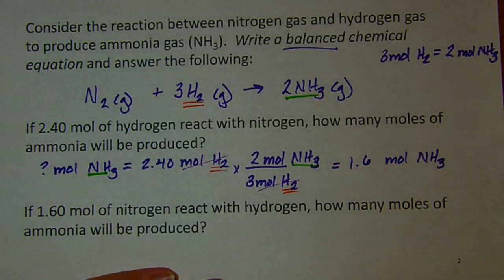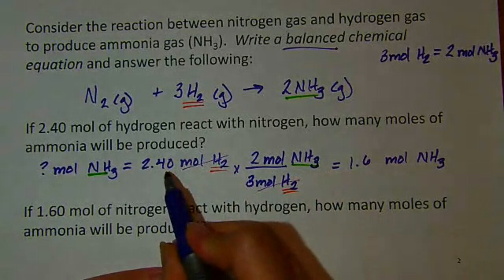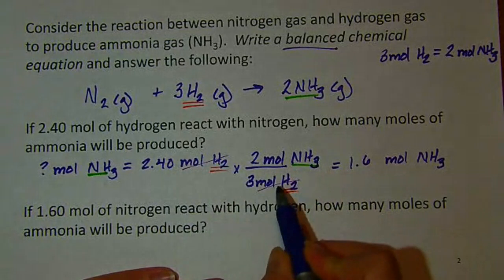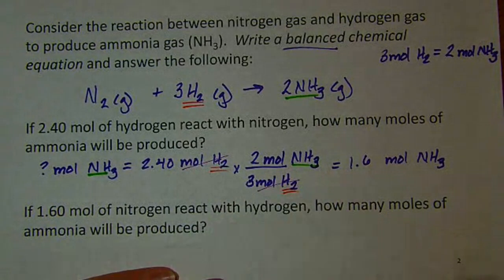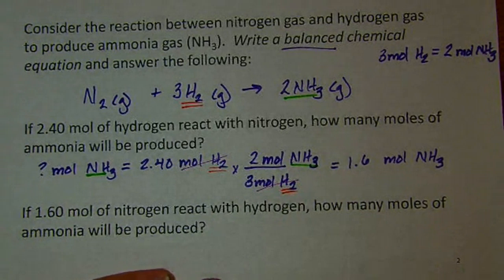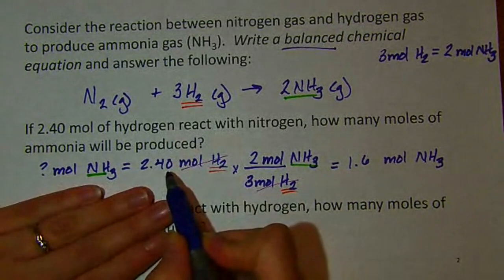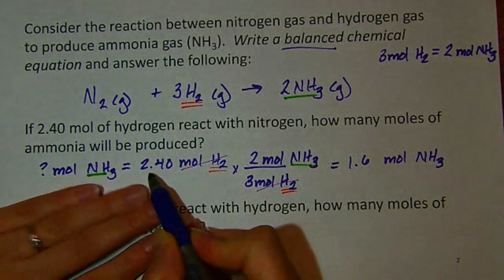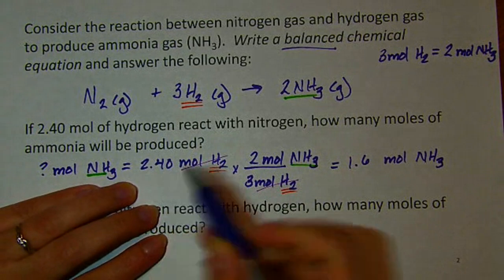At this point, you might be thinking about significant figures. We are doing a multiplication and division problem. So our answer should be rounded to have the same number of significant figures as the measurement that has the fewest number of sig figs. So this measurement here has 3 significant figures.